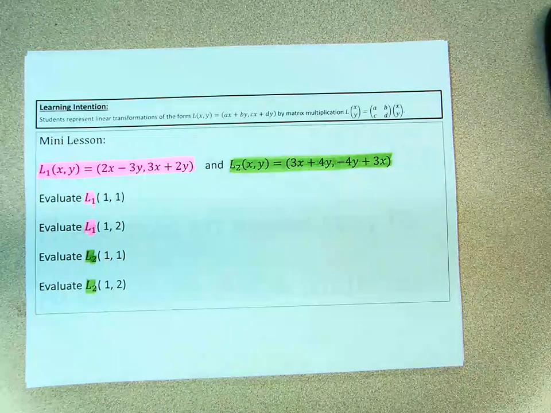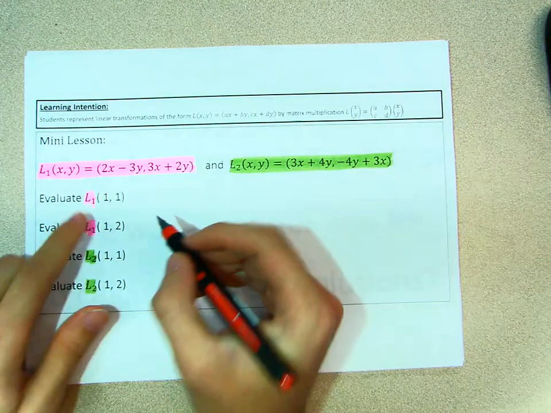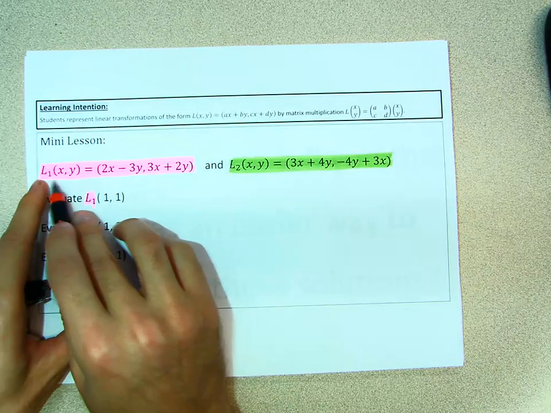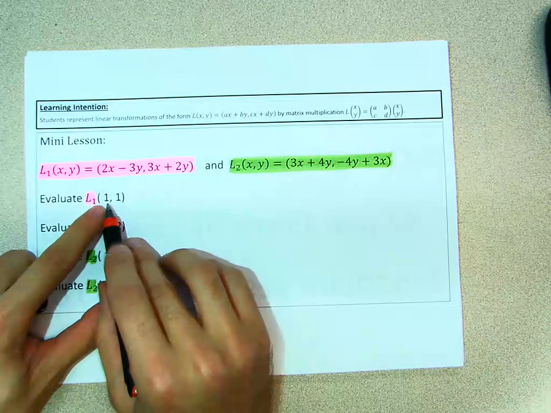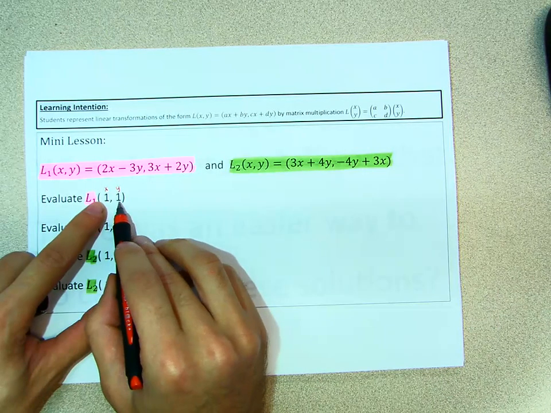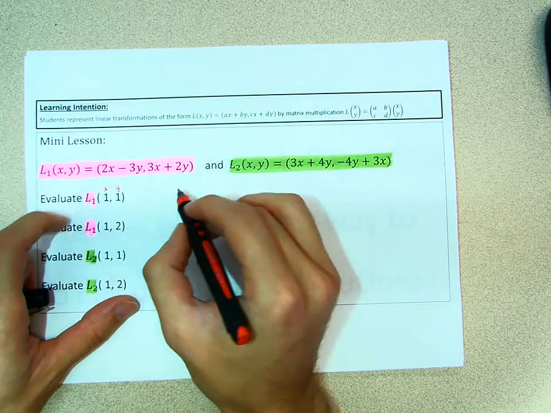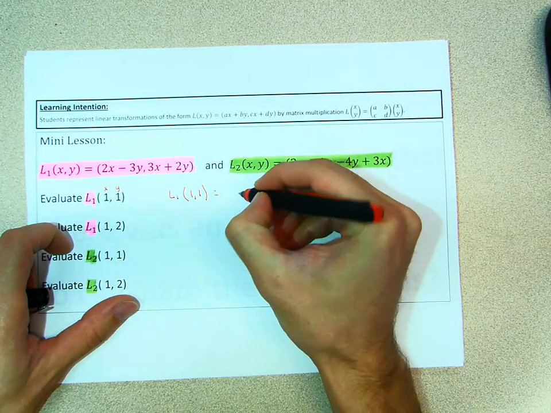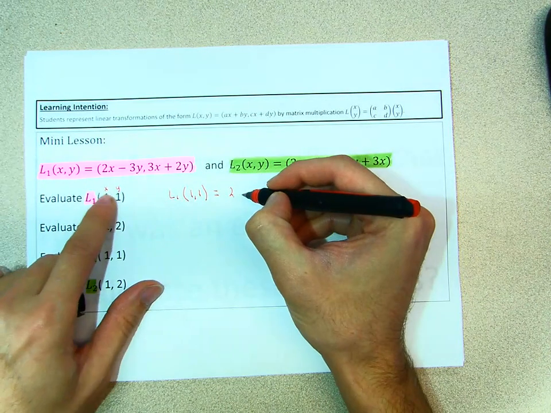So if we look at the first one over here, let's look at L1. Here, we know our L1 is equal to this formula. Here, this represents my x and this represents my y. So what am I going to do? I'm just going to plug this 1 for x and this 1 for y into here. So I know L1 at (1, 1) has to equal, here, what's my x value?